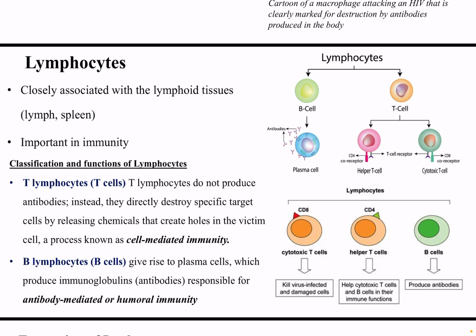The T lymphocyte is responsible for cellular immunity. It acts against microorganisms by secreting certain substances to kill them, and the B lymphocyte is responsible for humoral immunity.